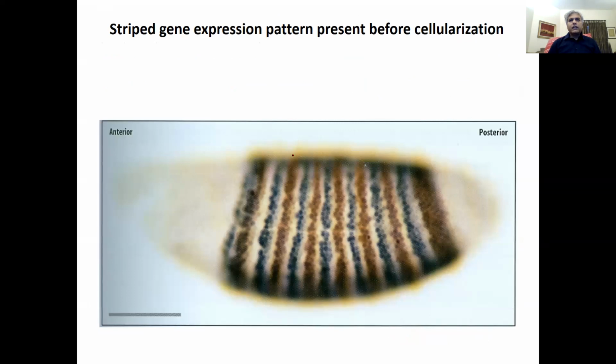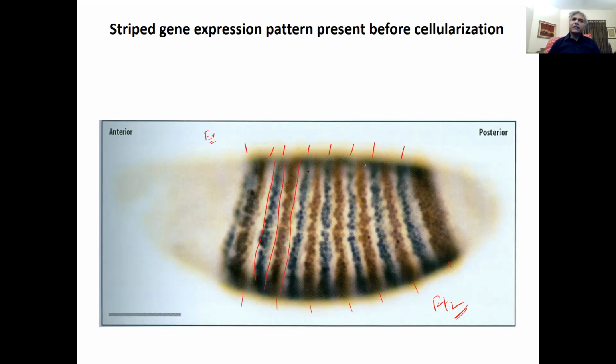Here, 1, 3, 5, 7, 9, 11, 13 are your even skipped stripes, and these are 2, 4, 6, 8, 10, 12, 14, the Fushi-Tarazu stripes. Look at the beauty: a discrete expression pattern, not mixing with each other at all.